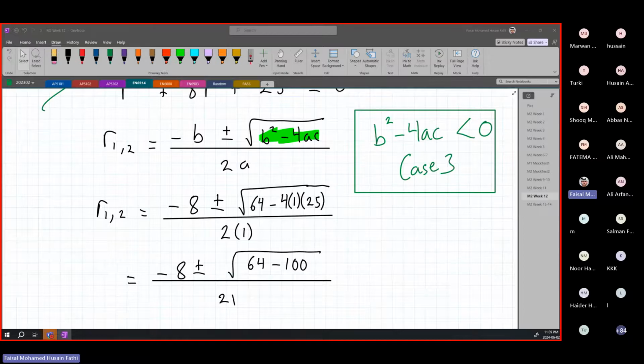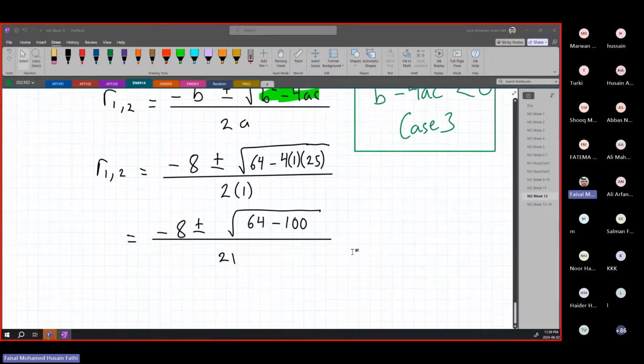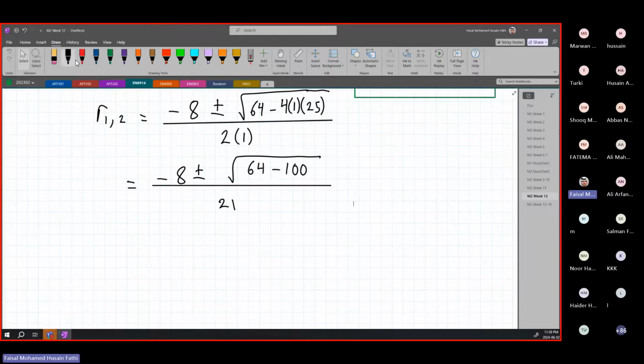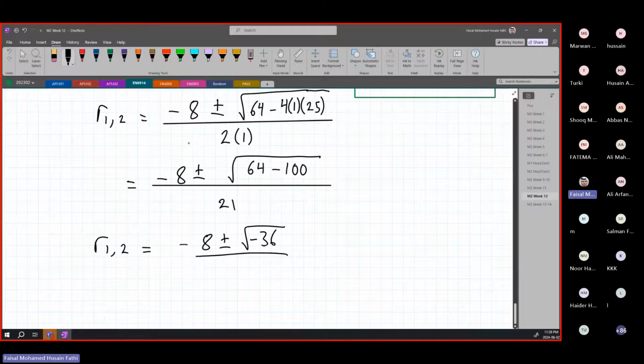So for this case, if we simplify this now, you're going to see that our roots r1 and r2 are going to be equal to minus 8 plus or minus the square root of 64 minus 100, that's negative 36, over 2.